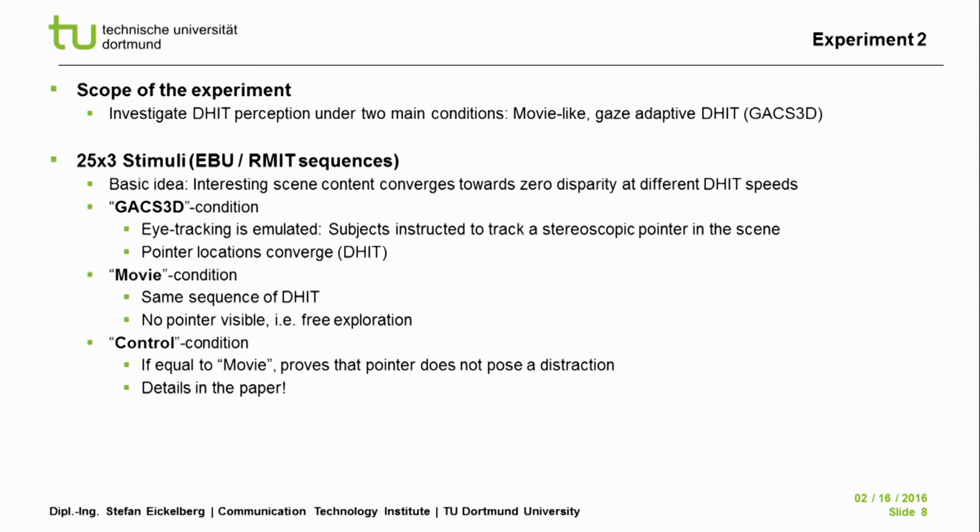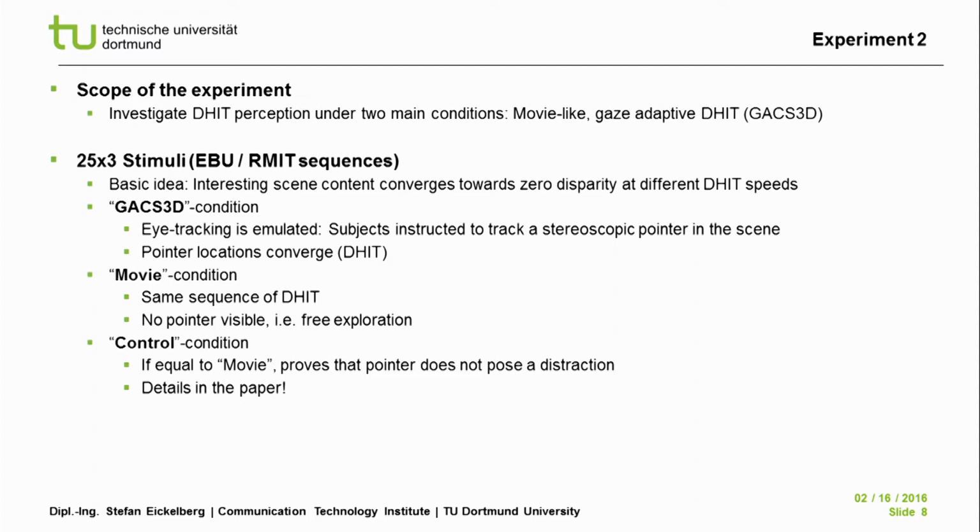The general idea is that interesting scene contents are brought into the display plane using the DHIT at different speeds. So we had 25 test images in this case, and they were presented under 3 different conditions. The first condition is the Ghek 3D condition, namely our approach.